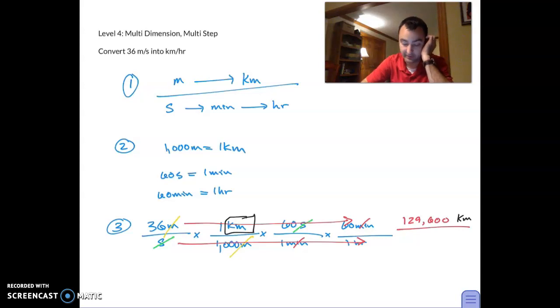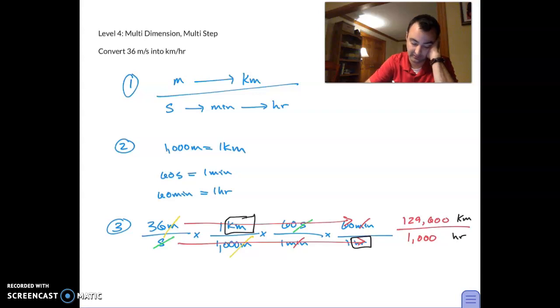And then in the denominator, you take 1 times 1,000 times 1 times 1, so over 1,000. And the only units remaining that have not been canceled are hours. So we do end in kilometers per hour, like the problem asks us to do.